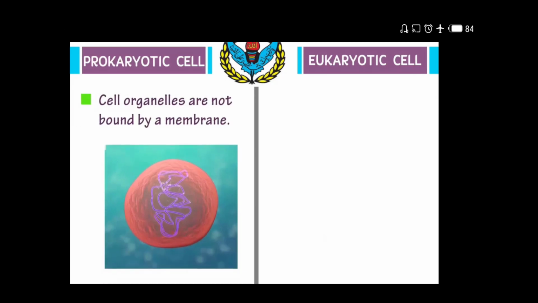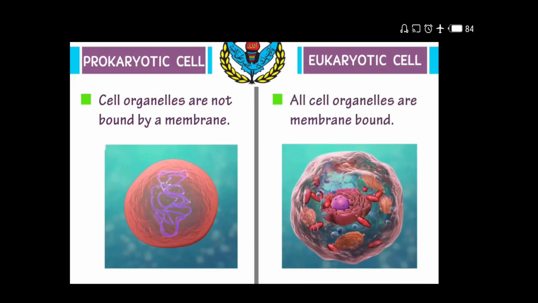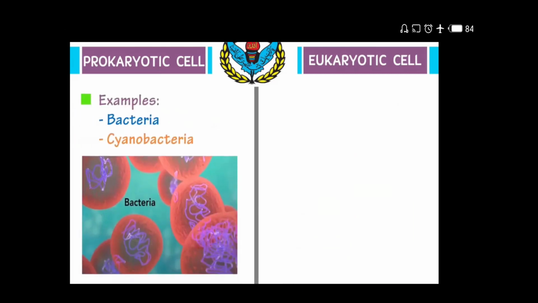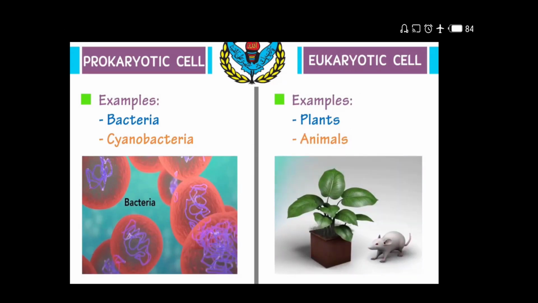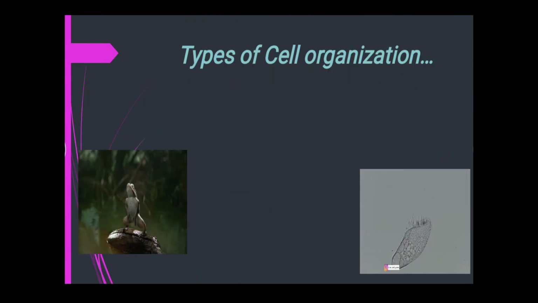In a prokaryotic cell, cell organelles are not bounded by a membrane, while in a eukaryotic cell, all cell organelles are bounded by a membrane. Examples of prokaryotic cells are bacteria and cyanobacteria, while examples of eukaryotic cells are plants and animals. In plants and animals, eukaryotic cells are present. This is a short video for better explanation of the difference between prokaryotic and eukaryotic cells.